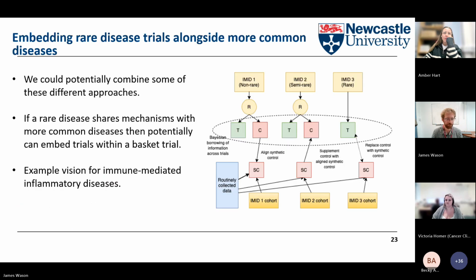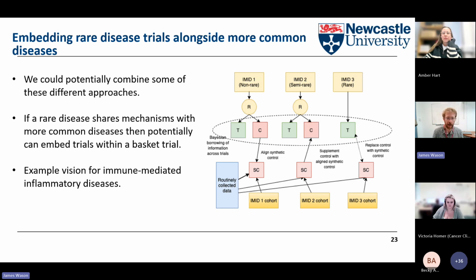My final slide is thinking about how we might embed rare disease trials alongside more common diseases. And this might involve combining some of the approaches I've mentioned, but the idea is if a rare disease shares some mechanisms or symptoms with a more common disease, then we might be able to embed trials of that rare condition alongside the same drug being tested in a more common condition with what we call a basket trial.